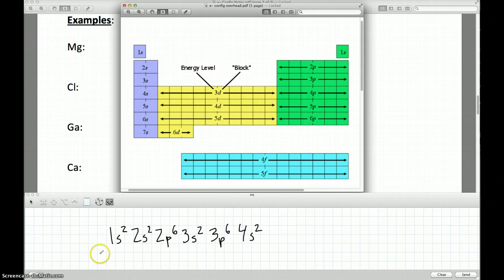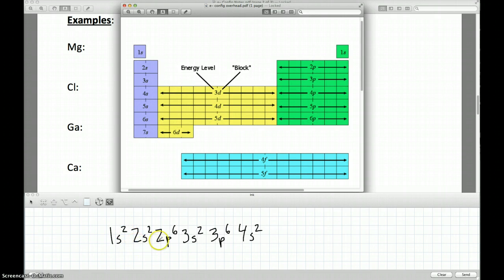So I want to talk about this electron configuration and what exactly it tells us. So this big number in front, as you can see up here, is the energy level. So that first ring of the periodic table, so again, thinking of the Bohr model, and it's got the nucleus in the middle and those rings of electrons around it. The first ring has 2 electrons.